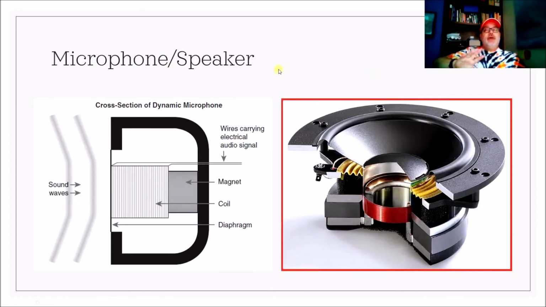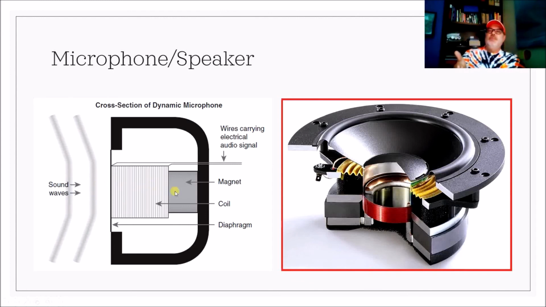All right, another example of where we use this idea of induction. A speaker and a microphone. A microphone is nothing more than a coil of wire that's wrapped around a magnet, and it's on a flexible membrane so that it can vibrate when sound waves hit it. So the sound waves hit this, the loops of wire oscillate back and forth past this magnet.